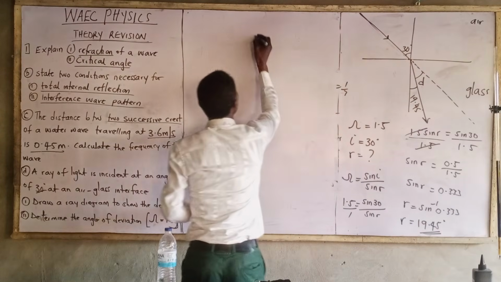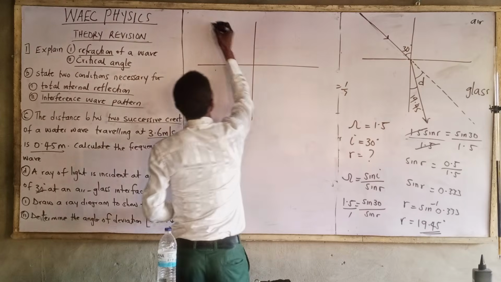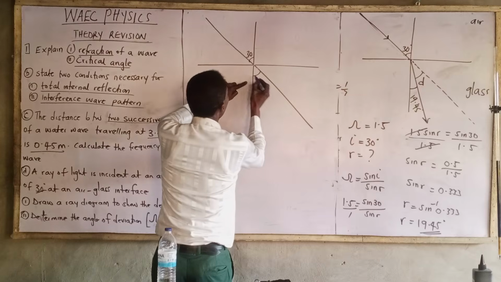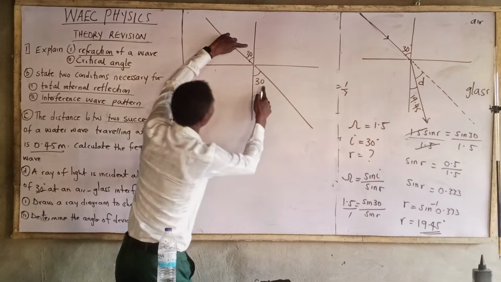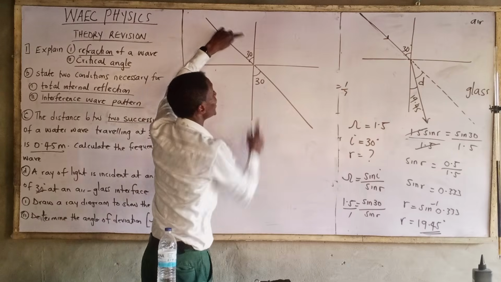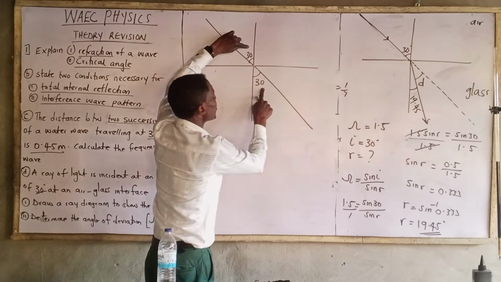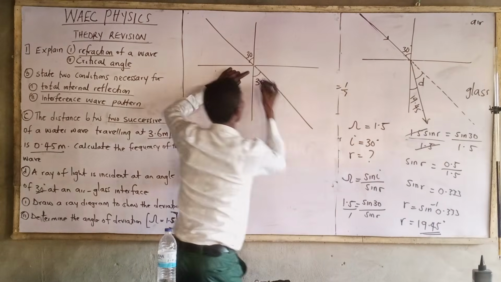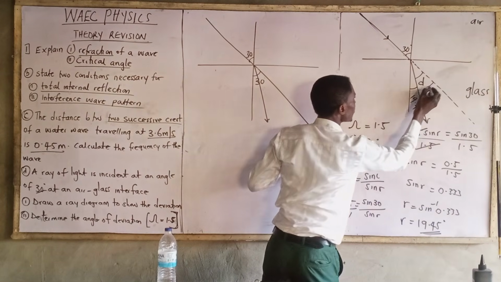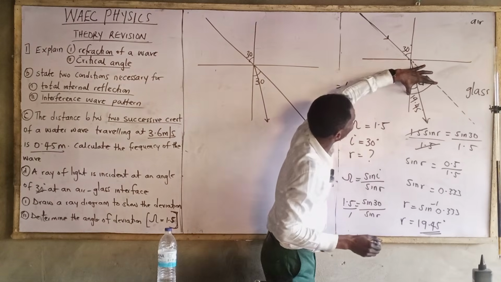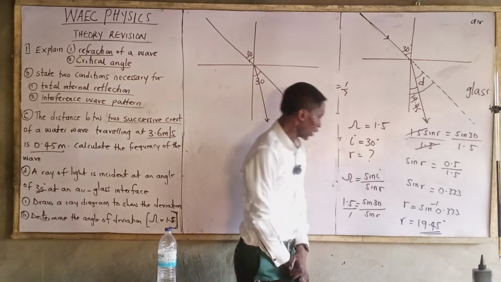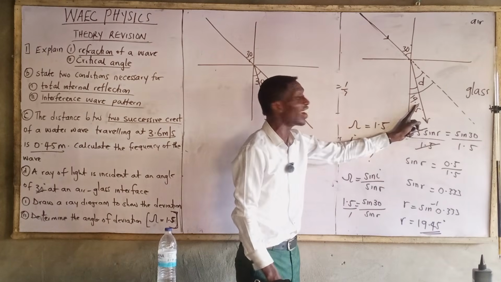By mathematical implication, if it had gone in a straight line here, we got this to be 30. Here is supposed to give us 30 by the law of vertical opposite angles, which are equal. But unfortunately the deviation is this way, so the whole angle together is expected to be the same as this 30. Meanwhile, we just got the angle of refraction to be 19.45.